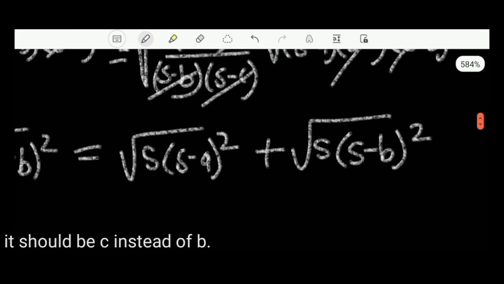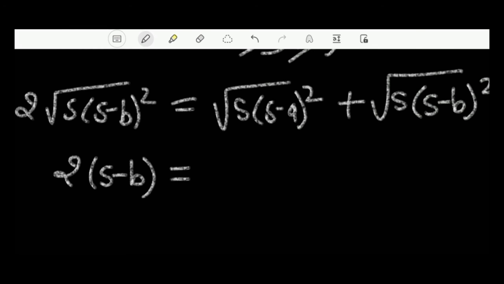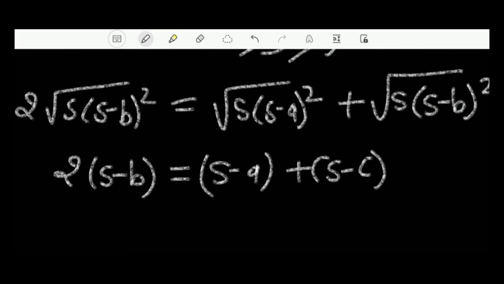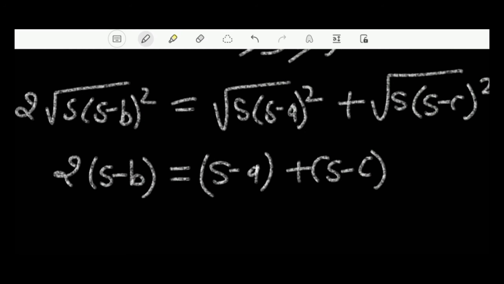Here we can simplify further, and we can say that twice of s minus b is equal to s minus a plus s minus c. Oops, this must be c there.